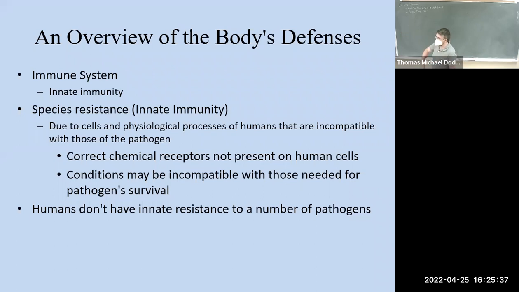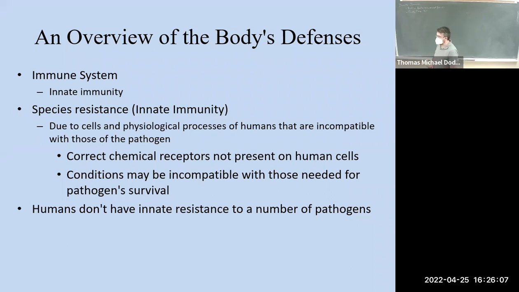Sometimes you don't even have chemical receptors. This is one of those things about COVID right now that's so interesting, is that we have the receptor, it's ACE2, the ACE2 binding site. And so COVID actually attaches to that receptor. But if we didn't have that, in other viruses, if we didn't have their specific ways for them to attach to us, they would not be a pathogen to us.